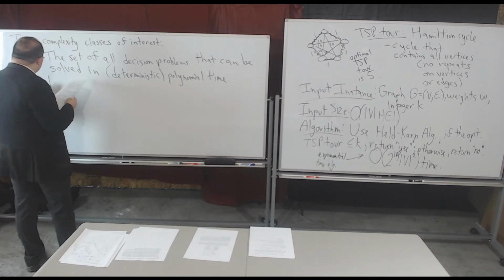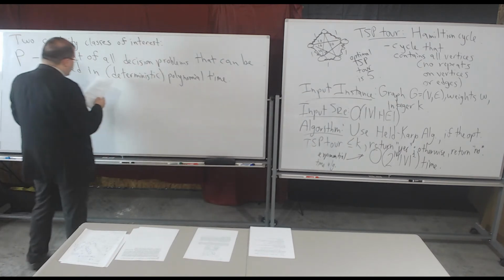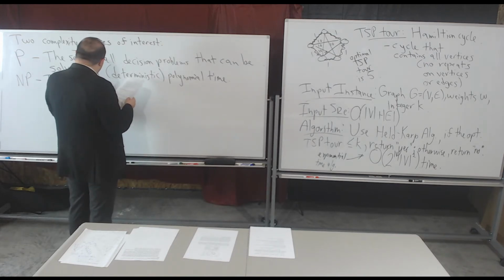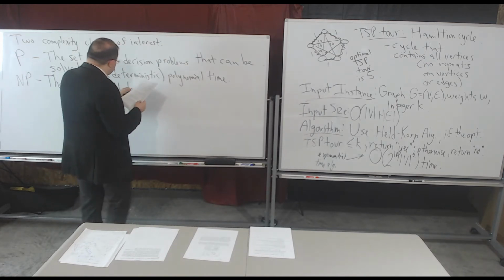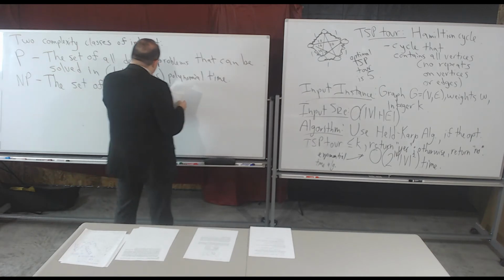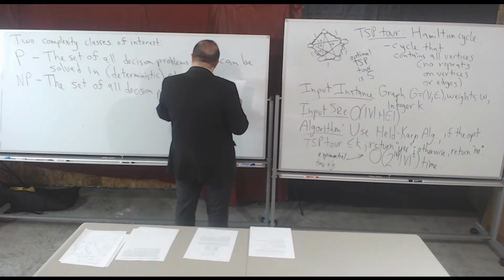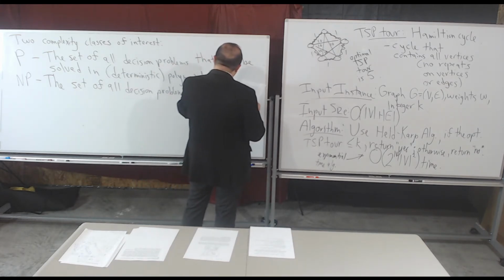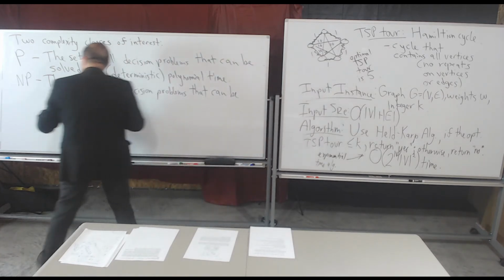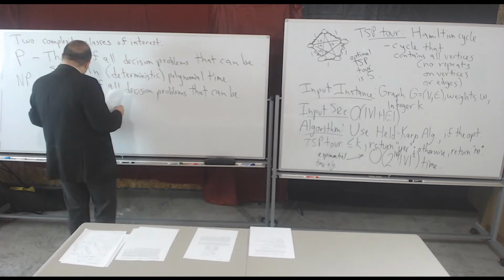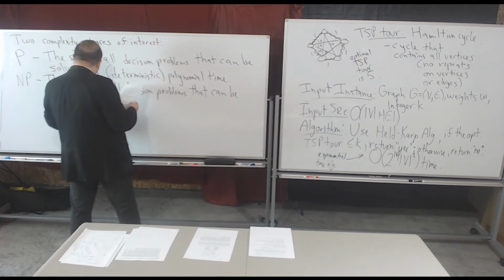So I'm going to give you two different ways of interpreting NP. I'm going to use one of them. It's a little bit more algorithmic friendly. The set of all decision problems that can be verified in polynomial time.